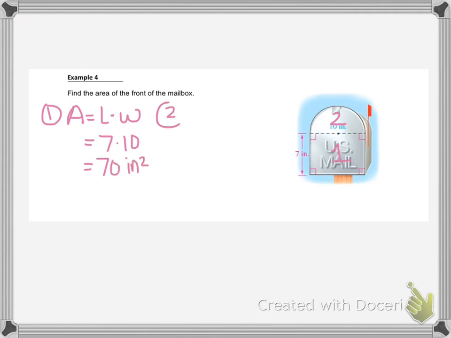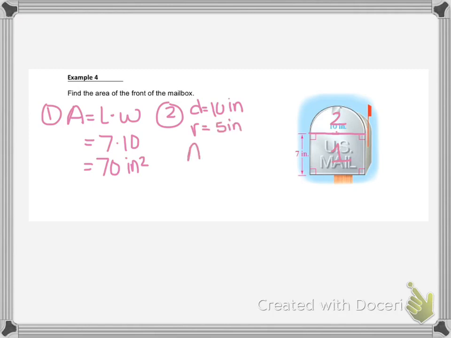Now, as far as the circle goes, right here is the diameter. Okay, it goes through the center of the circle. So the diameter is 10 inches. But to use area, we need to know the radius. The radius would be 5.